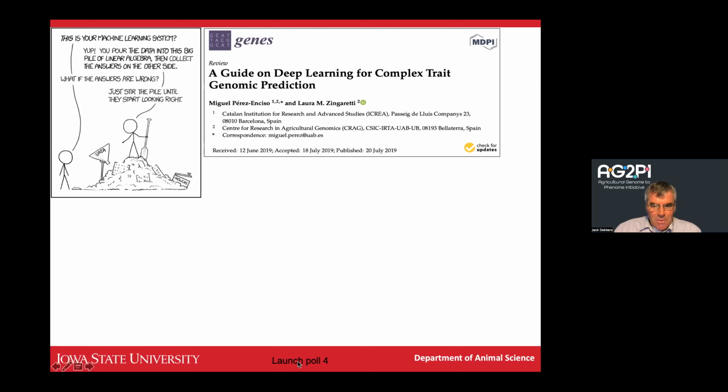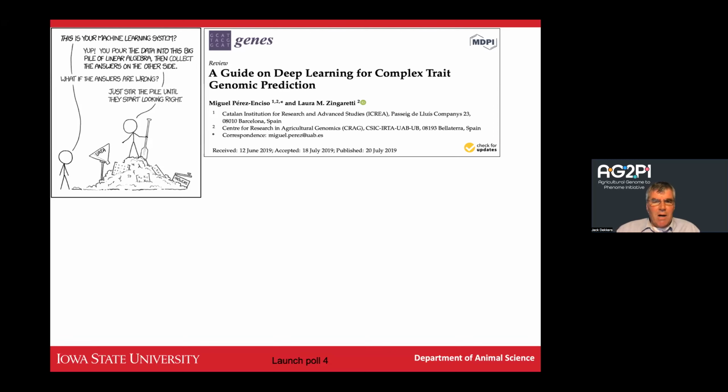Let me launch another poll and ask you a question about this. So you should see the poll. What's your feeling about machine learning and AI, perhaps compared to domain knowledge from other domains?